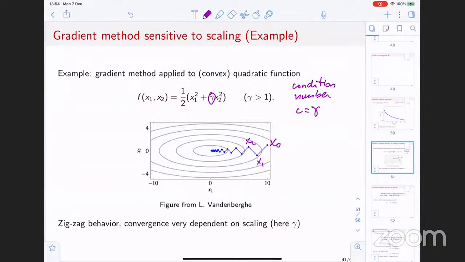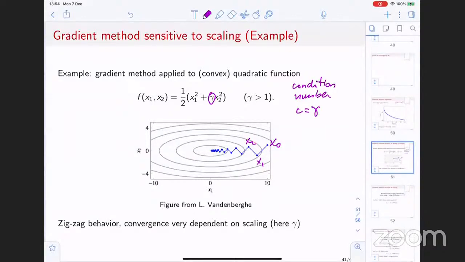This doesn't really change the function; it just changes the scaling of my domain. The behavior of the optimization algorithm will actually change, and this is quite undesirable, because in practice, you'll have to pre-scale your problem so that the condition number is close to 1.